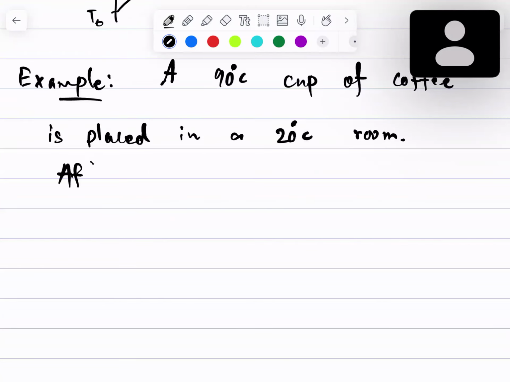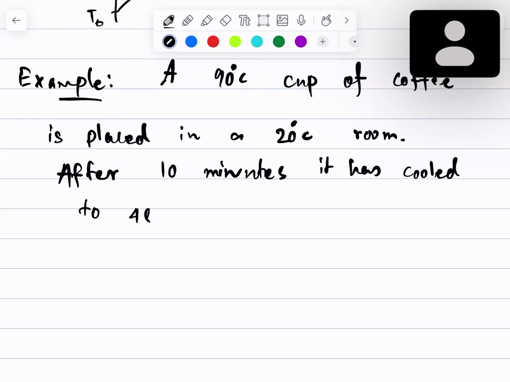So say after 10 minutes, it has cooled to say 48 degrees Celsius. When was it at 65 degrees Celsius?